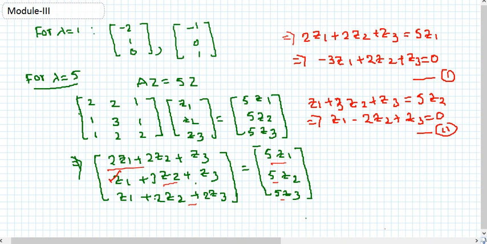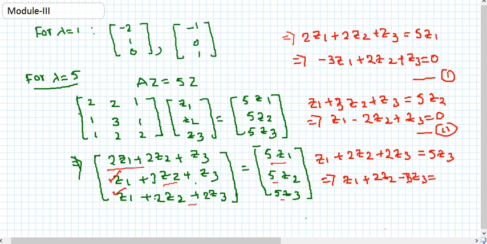From the third entry, Z1 plus 2Z2 plus 2Z3 equals 5Z3, so we get Z1 plus 2Z2 minus 3Z3 equals 0, equation 3.